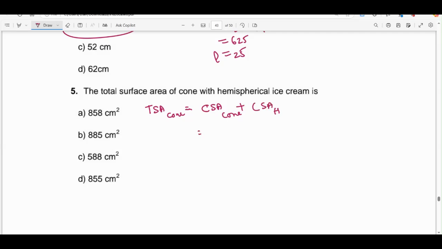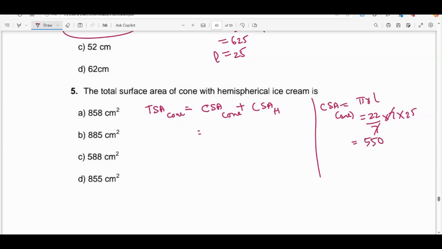So curved surface area of a cone will be pi rl, that will be 22 by 7, r is 7 and l is 25. 7 and 7 cancel. When you multiply 22 into 25 we get 550.